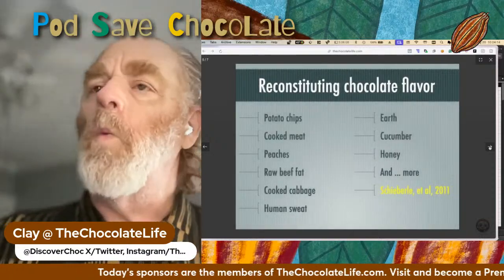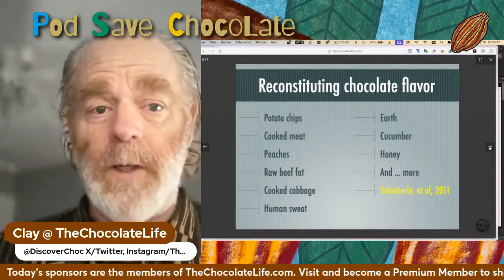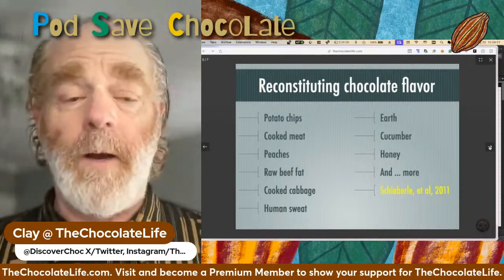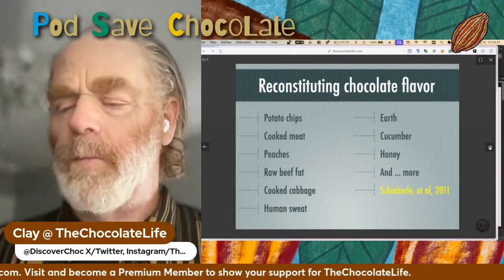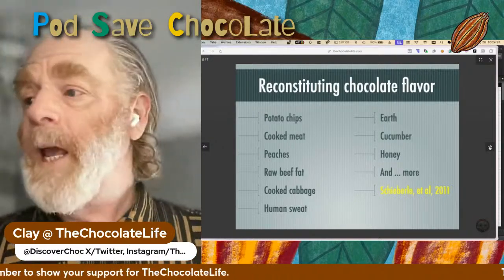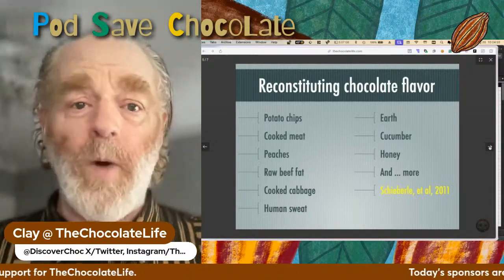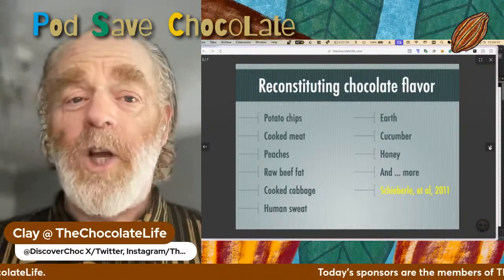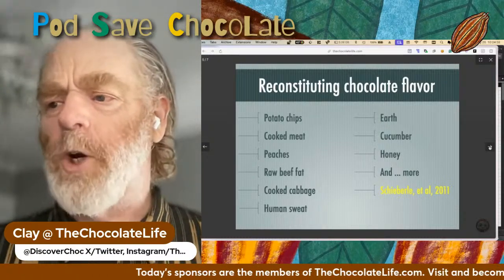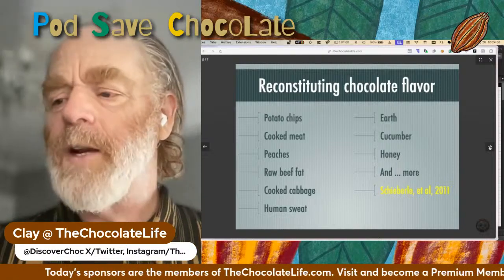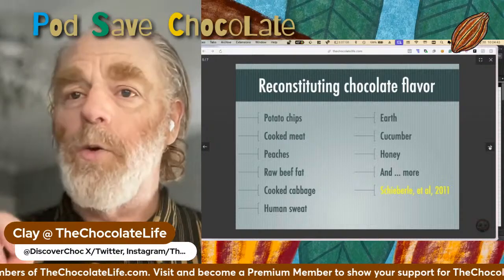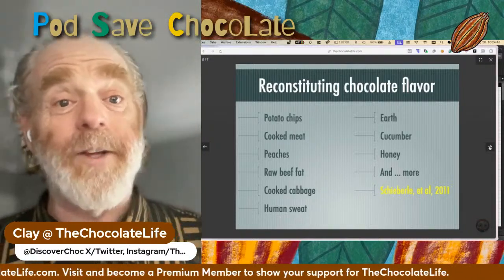So when we reconstitute chocolate flavor, and this is the original contribution, which I learned from Peter Schieberle in a report published in 2011, if we think about what chocolate flavor is, it can be thought of as a combination of potato chips, cooked meat, peaches, raw beef fat, cooked cabbage, human sweat, cucumber, honey, and others, right?